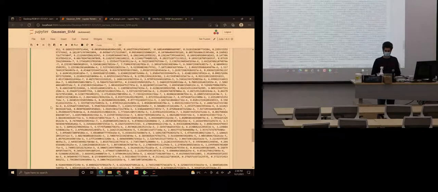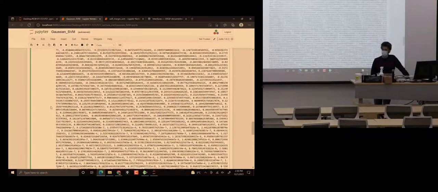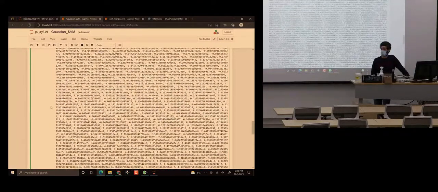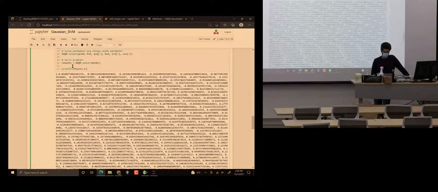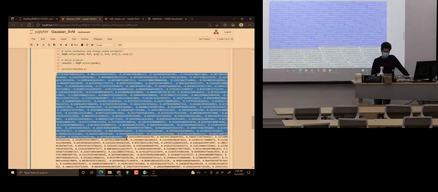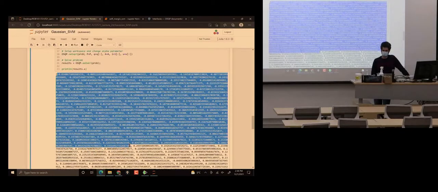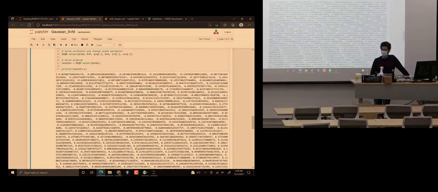I won't be able to visualize it because of that error, but alpha itself is a very long vector here, right? We know the dimension of alpha. The first part with the specific dimension is your alpha. The second part is the slack variable that you don't need.